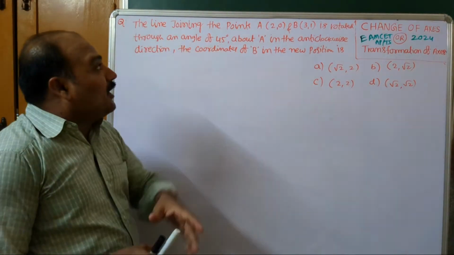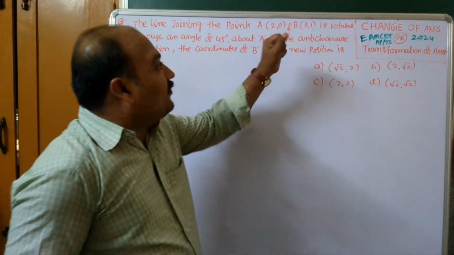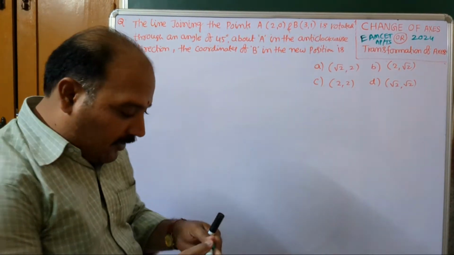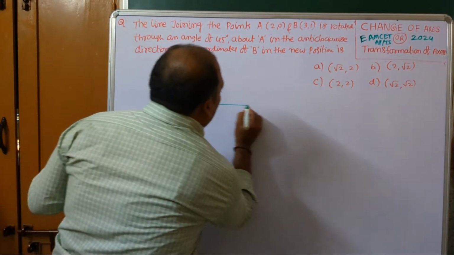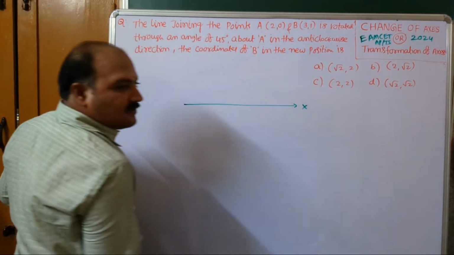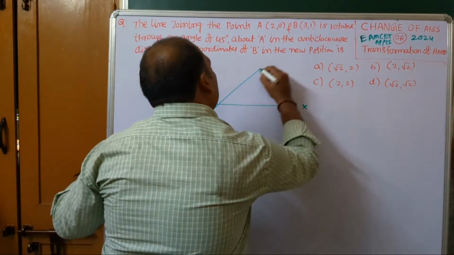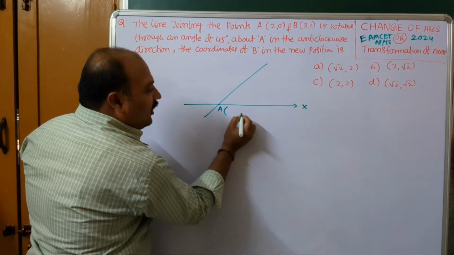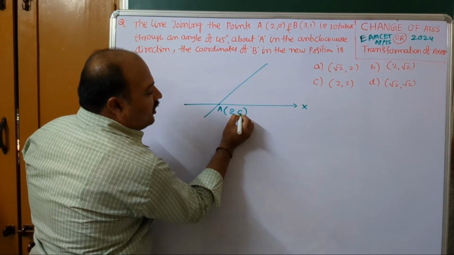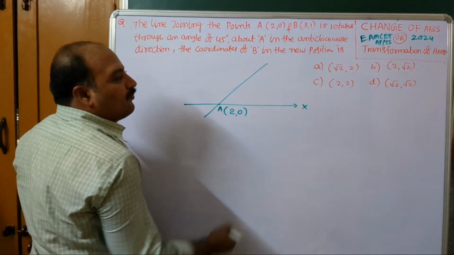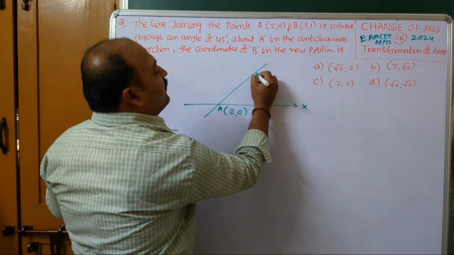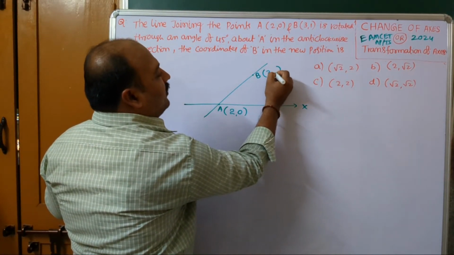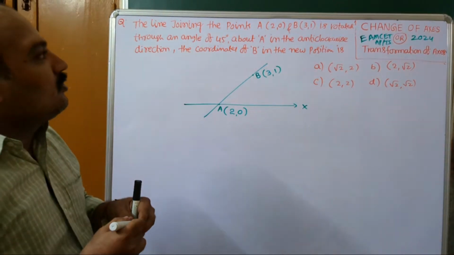The line joining the points A of 2 comma 0 and B of 3 comma 1. See here, x-axis. We observe that the point A is on the x-axis. Why? Because the y coordinate is 0. And it passes through the point B, 3 comma 1. Are you getting all of it?